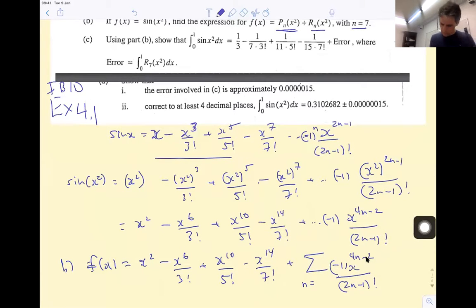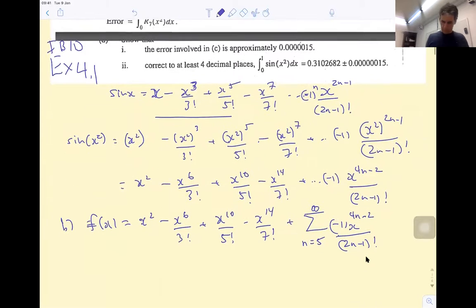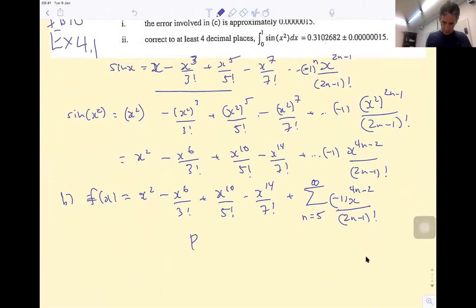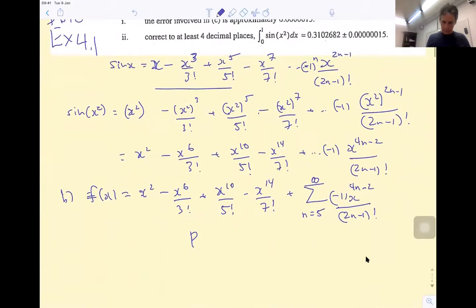So it would be n is 5 to infinity. Okay, so this would be the, I believe they called it Pn of x squared. And this would be Rn of x squared. Okay, nice.